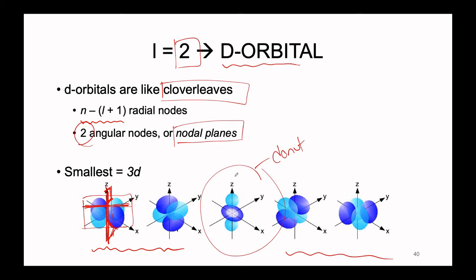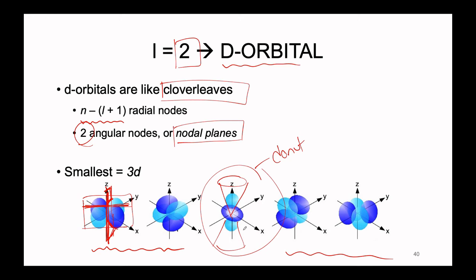So it turns out that the 2 nodal planes in the donut d orbital, we can roll into cones and place them right here. So there's a cone that can fit right up in here, and a cone that can fit down below. These are going to represent the 2 nodal planes in the donut d orbital.